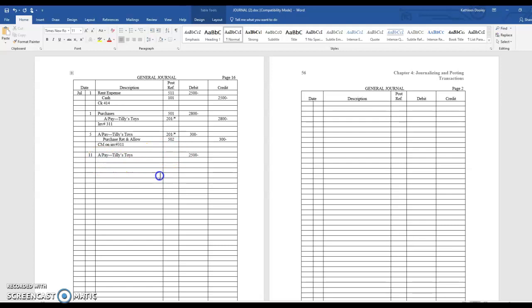Now I'm going to credit cash for the amount of the actual check that I just wrote, which was for $2,450. Now my debits don't equal my credits. I need another $50 credit. Okay, what account is that going to go to? That's going to be a credit to purchases discounts.